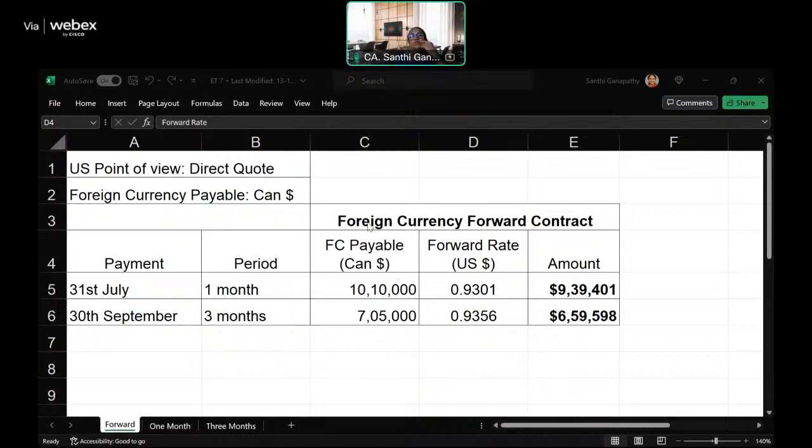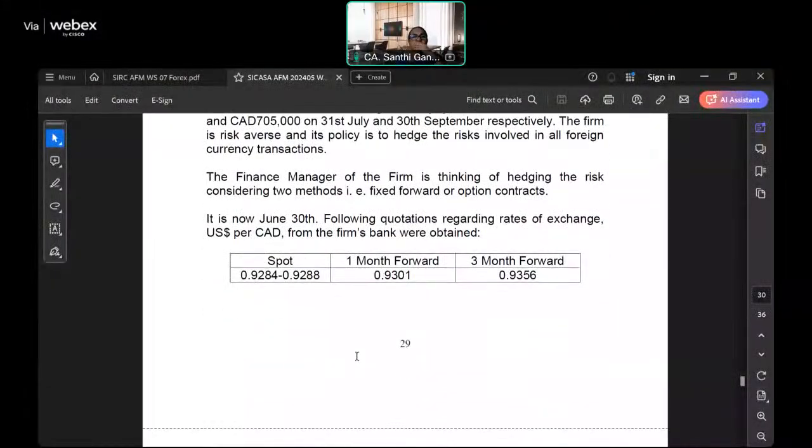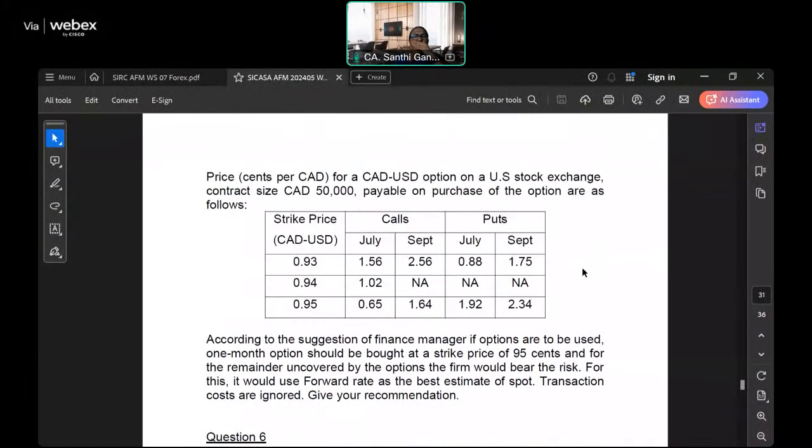So next, we can move on to options. Now what do we see? The price here means the premium.